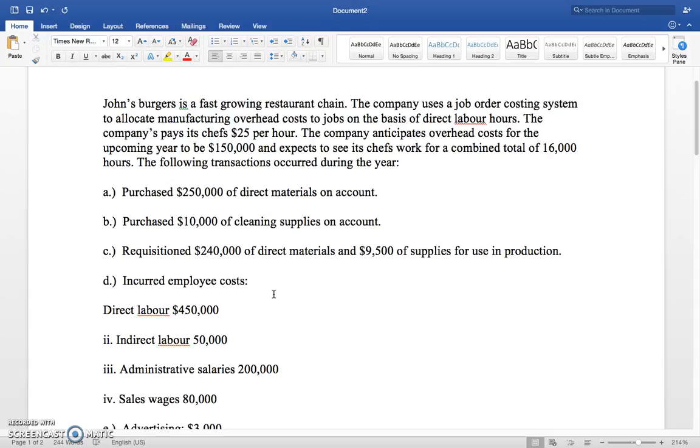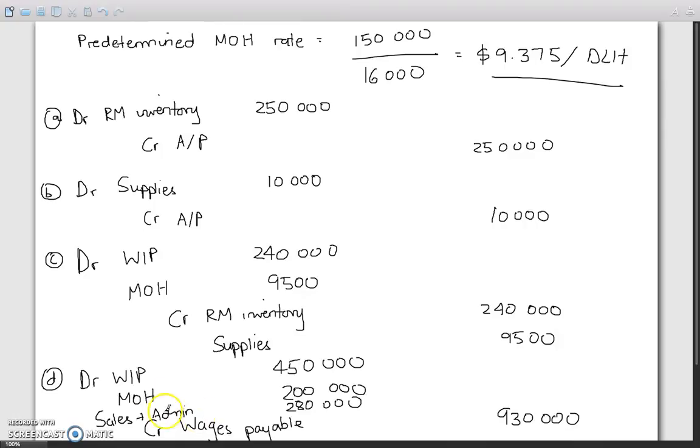Therefore, you put it into your MOH account, same as we did over here, and you add up all your MOH to find out what it comes out to at the end of the year. Admin and sales wages are office related. They're not directly related to the product, and they're called period costs, so they are treated as a separate category. So this is how your entry is.